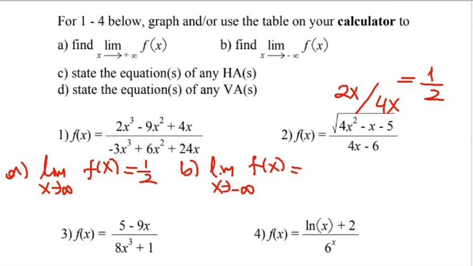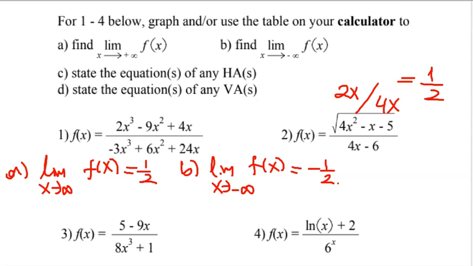And when you substitute a negative number into this square root expression, it's going to make it positive. So we end up with positive divided by negative. The ratio is the same, but the sign is changing. Positive over negative is negative. So the limit of this function will be negative 1/2.